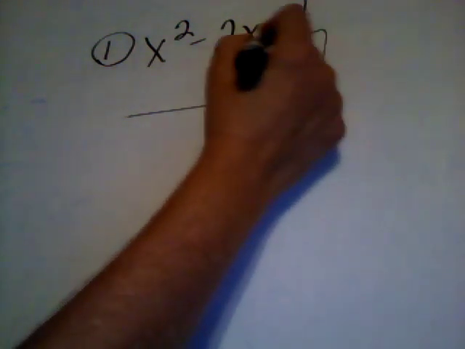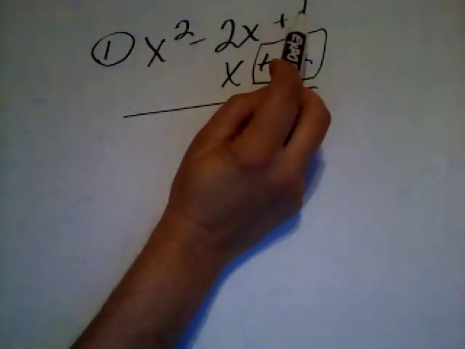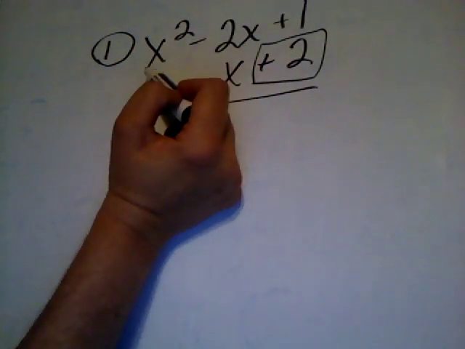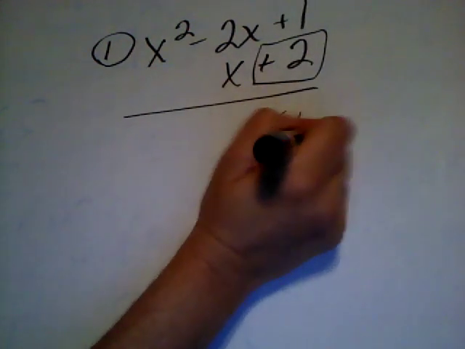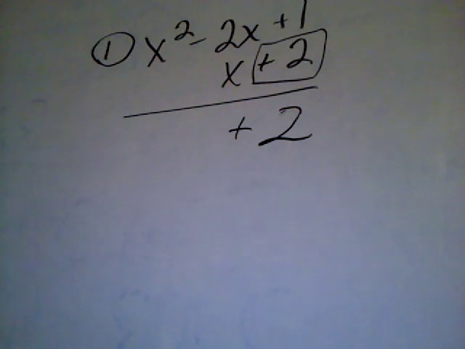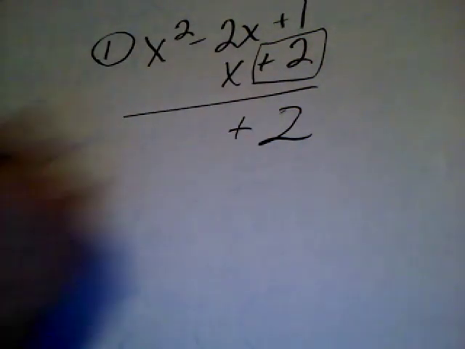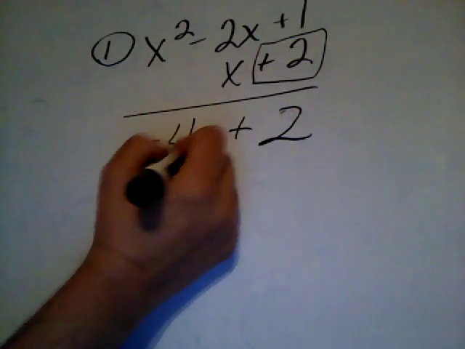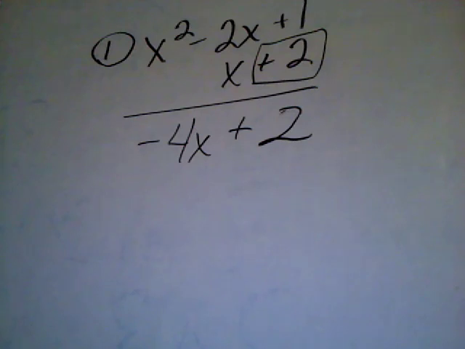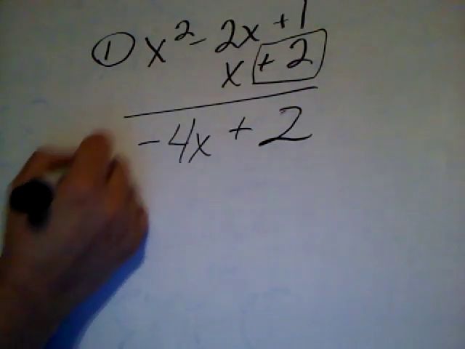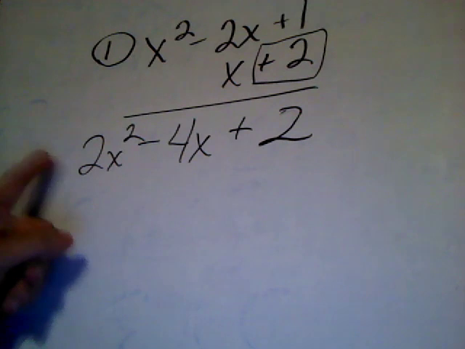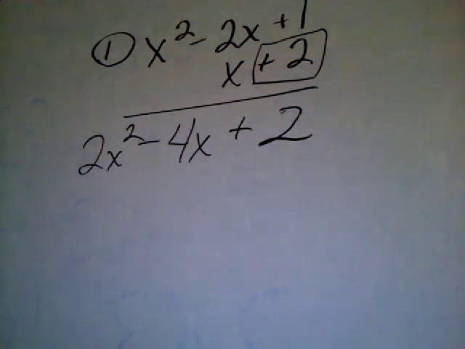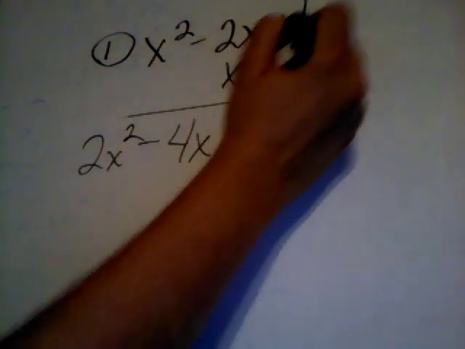The positive 2 is going to be distributed to the 1, the negative 2x, and the x squared. So 2 times 1 would yield 2, and it's a positive 2. 2 times a negative 2x yields a negative 4x. 2 times x squared yields a positive 2x squared. This is not a negative number, so I don't have to write the positive sign there. It's understood. Now everyone has been distributed.